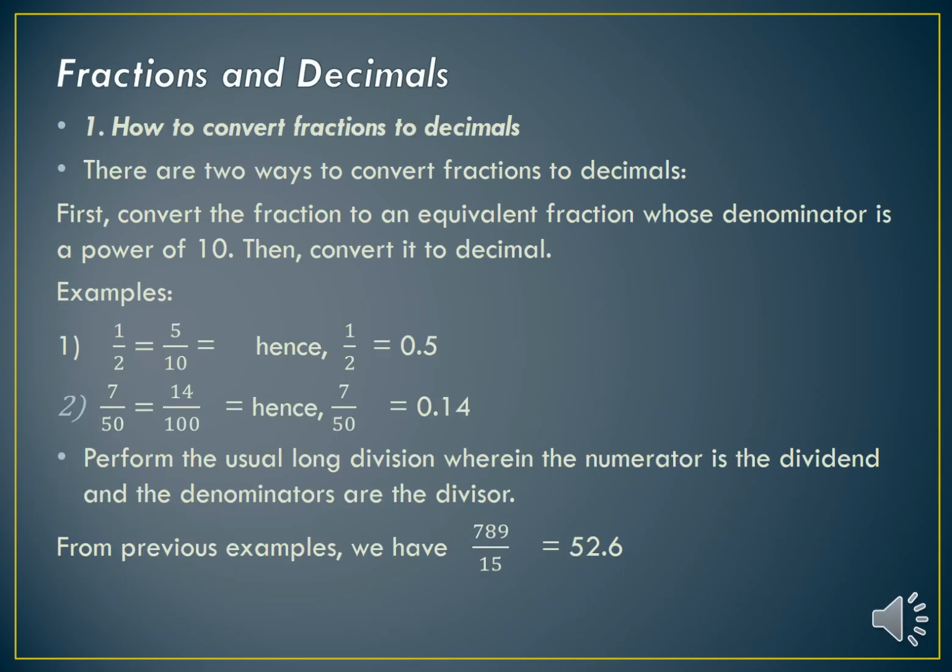Fractions and decimals. First, how to convert fractions to decimals. There are 2 ways to convert fractions to decimals. The first way is to convert the fraction to an equivalent fraction whose denominator is a power of 10. Then convert it to the decimal. Examples, 1/2 is equal to 5/10.